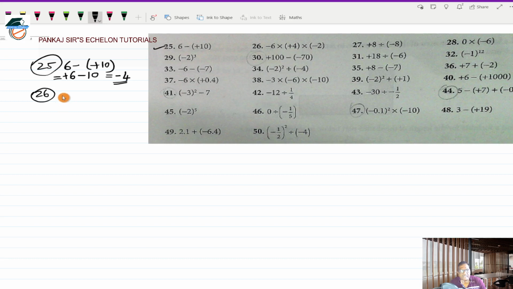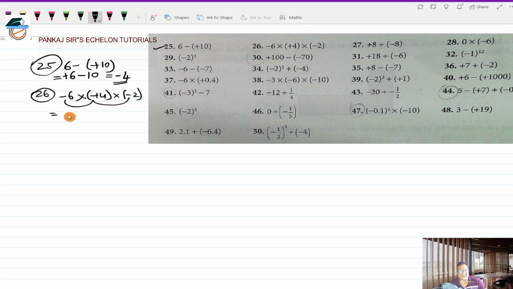Now 26 is (minus 6) multiplied by (plus 4) multiplied by (minus 2). In multiplication, as I told you, you have to multiply the signs separately and the numbers separately. If I go for the multiplication of the signs, minus into plus will be minus, and this minus into minus will be plus.